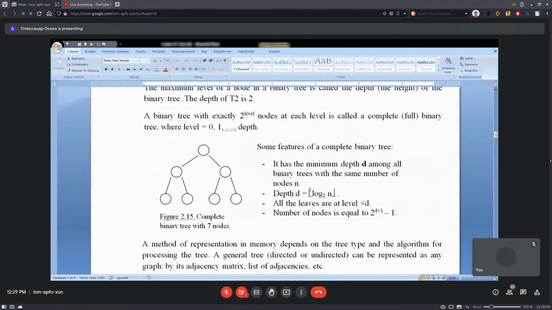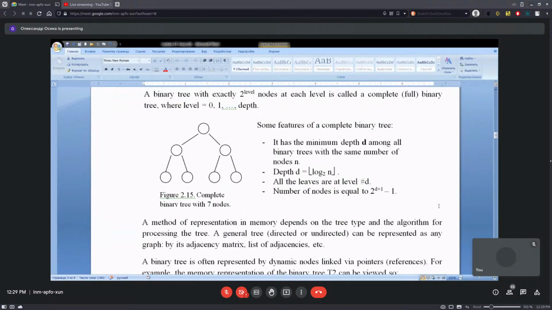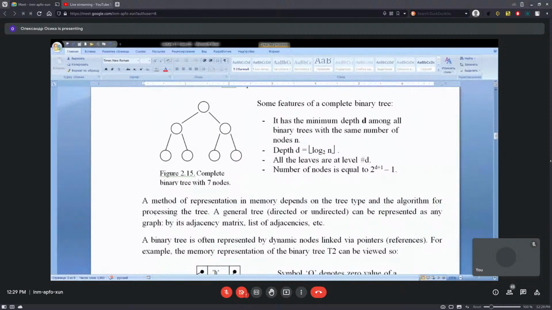But we'll meet such a case in the course of algorithms and data structures when we speak about heap data structures and the heap sort algorithm.